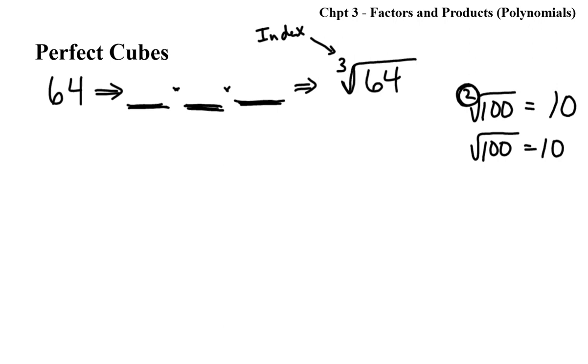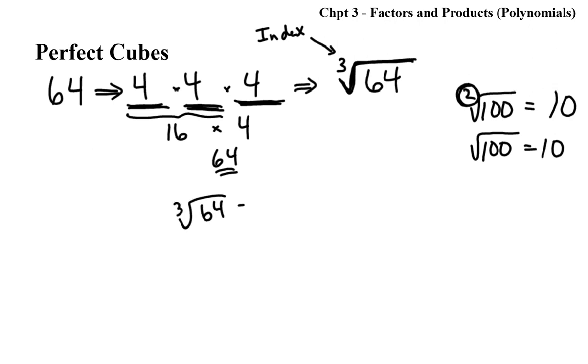So we want to know, what do we multiply 3 times to get 64? Well, 4 times 4 times 4 is 64, because 4 times 4 is 16. 16 times 4 gives you 64. So the cube root of 64 is 4.